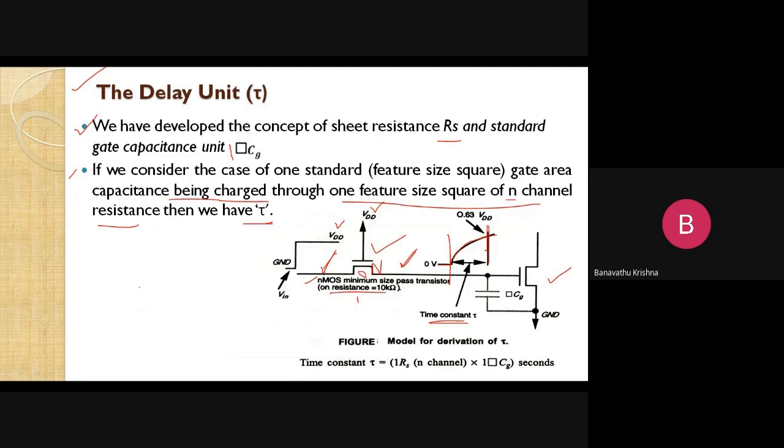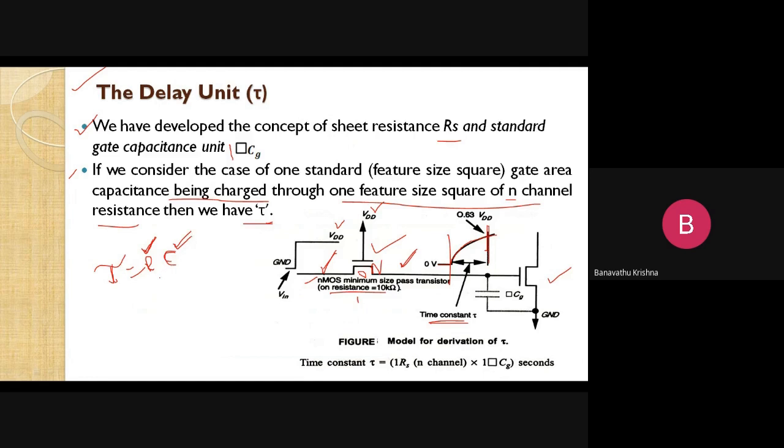Generally, you know that the time constant tau equals R into C, right? The capacitor is charged or discharged, and how much time it takes depends on the resistance value. If the resistance is very high, the capacitor takes a very large amount of time to charge. If the resistance is very low, the capacitor takes very little time to charge, right?